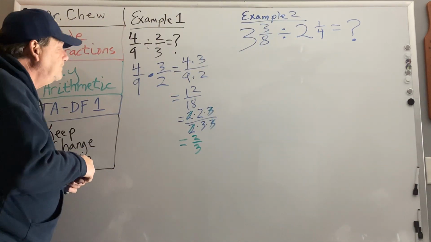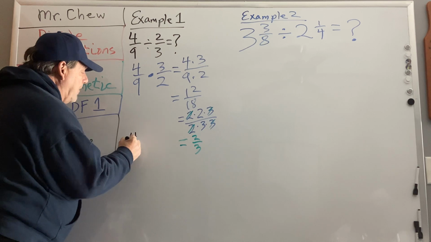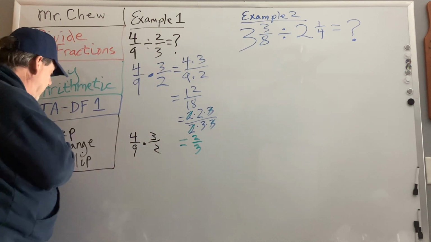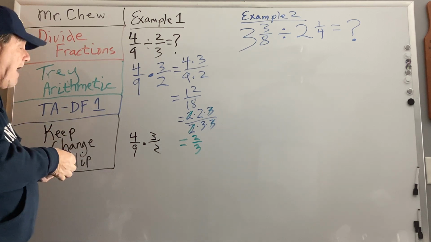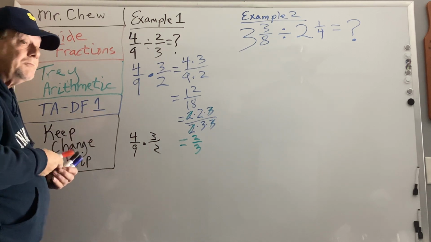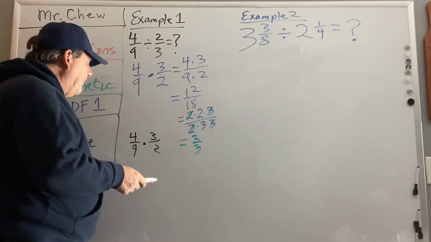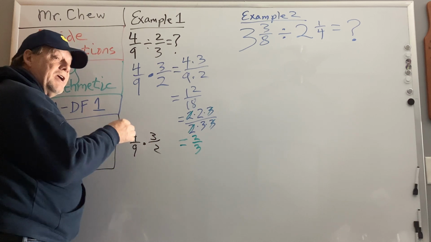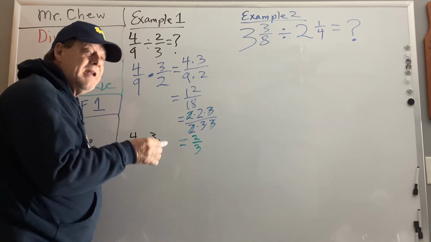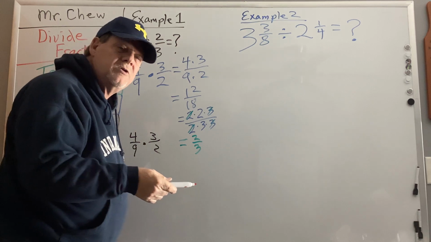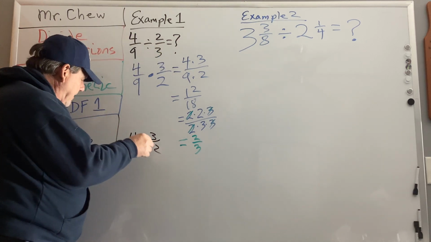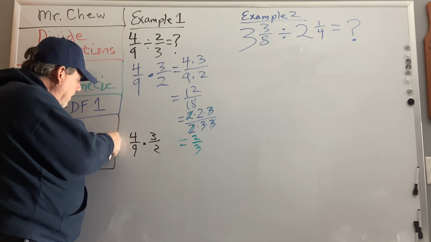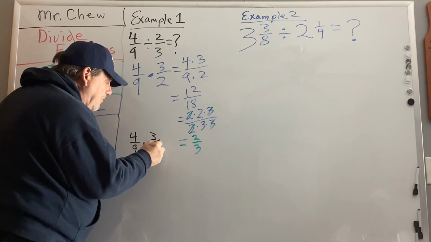So I'll rewrite it in a different color. So I have 4/9 times 3/2. This is after we've done our keep, change, flip. Now, I had this in an earlier video. Whenever you're multiplying fractions, you can look across a numerator and denominator to see if you can divide by a common factor, and some teachers would call that canceling. Well, 2 and 4 can both be divided by 2. So 2 divided by 2 is 1.